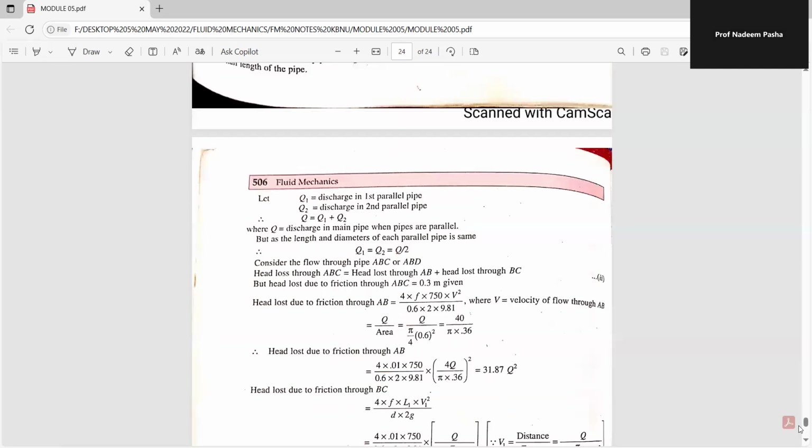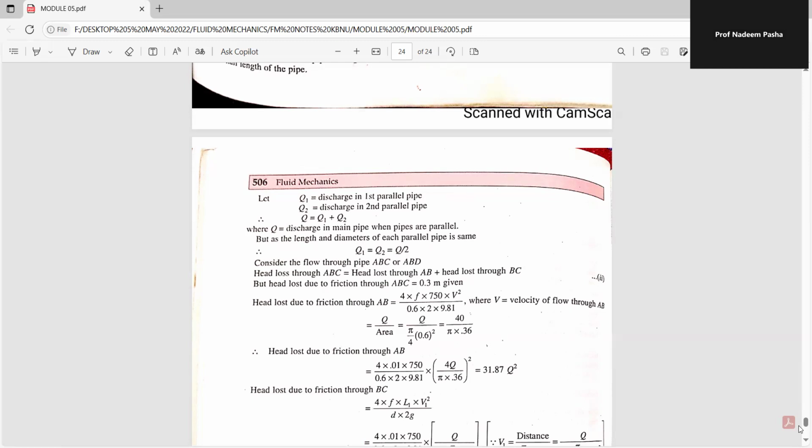Let Q1 be the discharge in the first parallel pipe and Q2 the discharge in the second parallel pipe. If the pipes are arranged in parallel, we know that capital Q is equal to Q1 plus Q2, where Q is the discharge in the main pipe. But as the length and diameter of each parallel pipe are the same, Q1 is equal to Q2, which is equal to Q by 2.